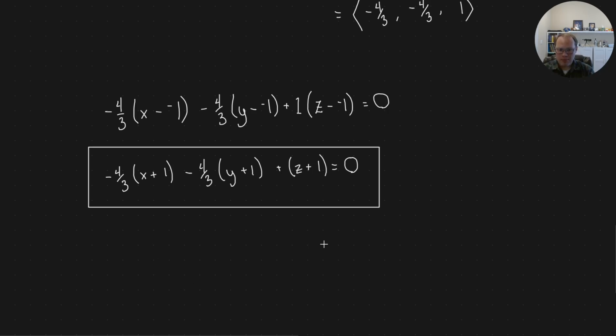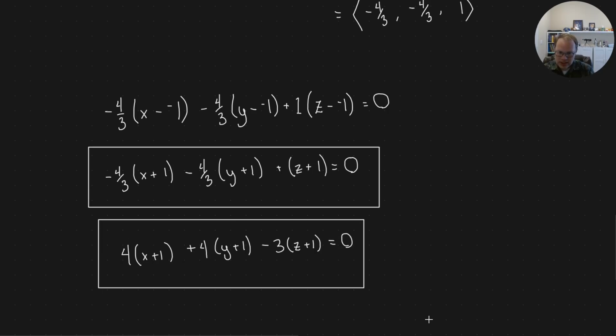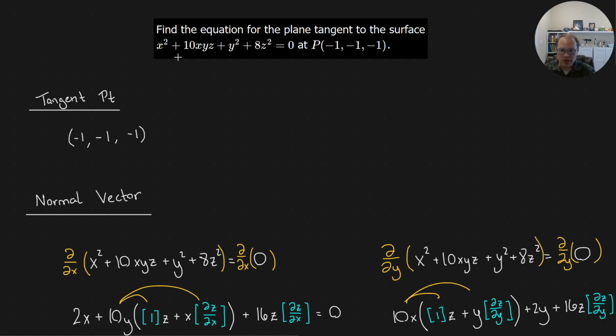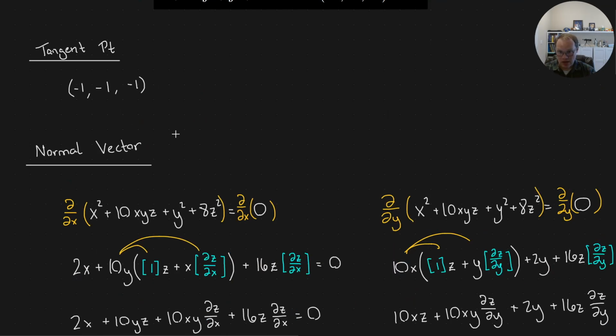So if I multiply both sides of the equation by -3, I'd get 4(x plus 1) plus 4(y plus 1) minus 3(z plus 1) equals 0. It's the exact same equation, just written a little bit differently. So that is the equation of the plane tangent to this implicit surface at the point -1, -1, -1.